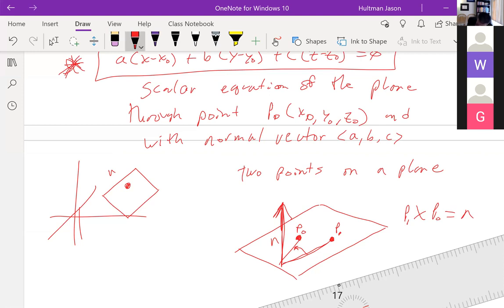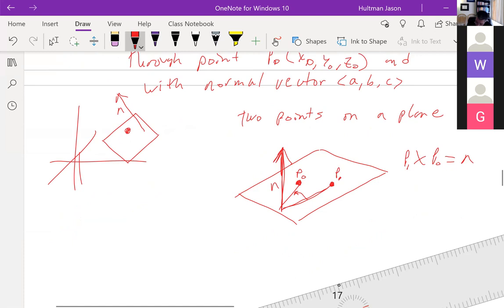So there I would have 2 points and a normal vector, and I can just use one of the points with the normal vector to write the equation of the plane. This tells me that equations of a plane are not unique.